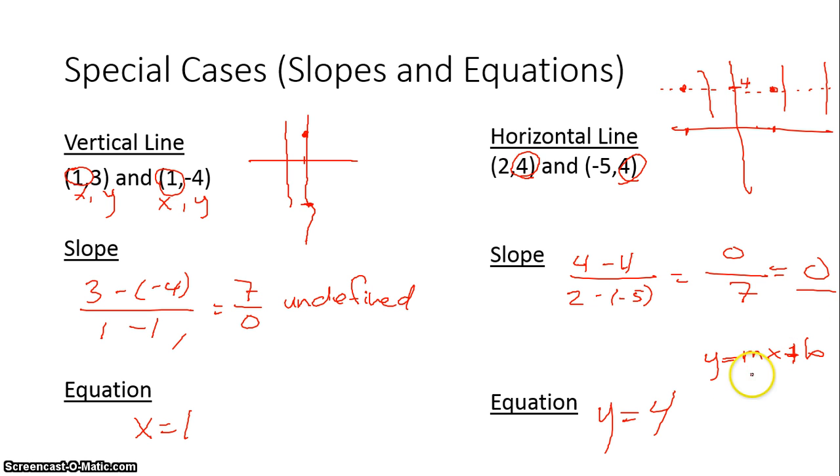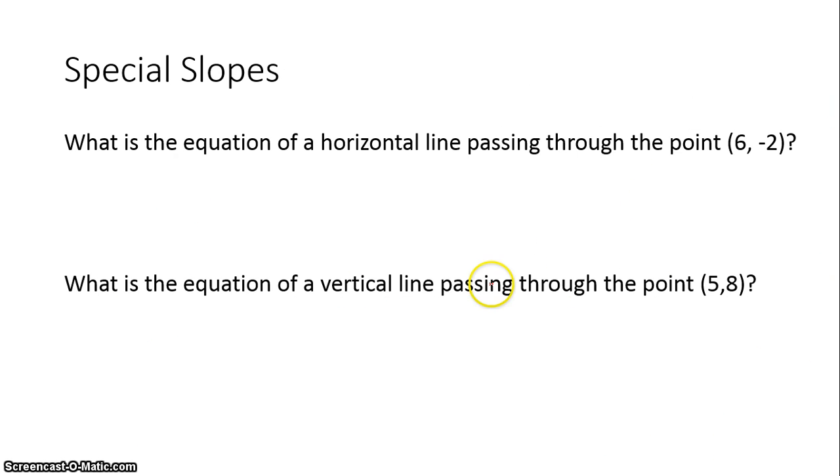Because if our slope is 0, well, it doesn't matter what our x is, right? This section right here will always be 0, only leaving us with what? Y equals b, or the value of y, which happens to also be our y-intercept, right? All right, going on.